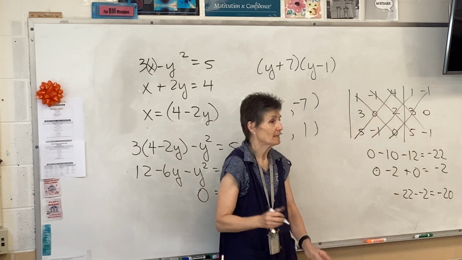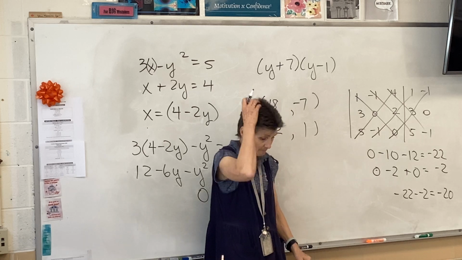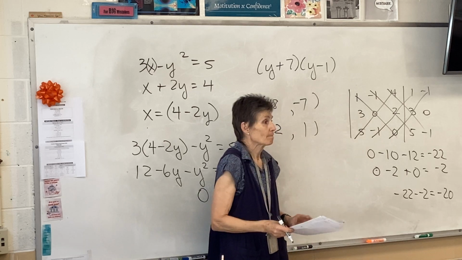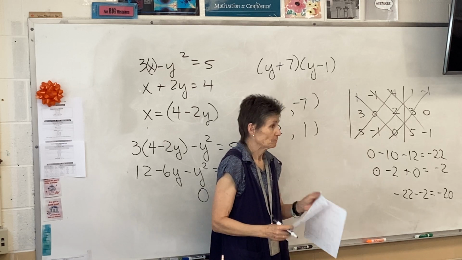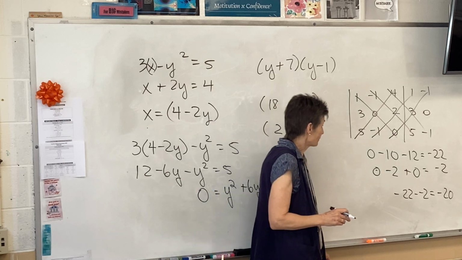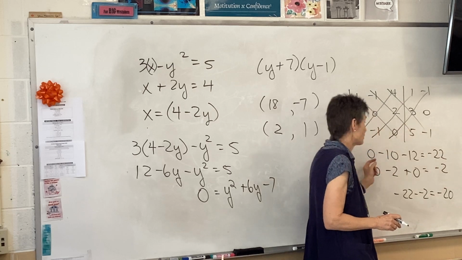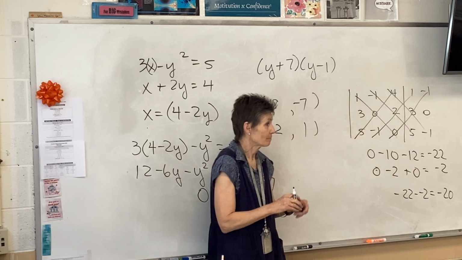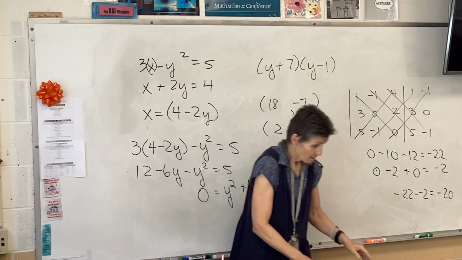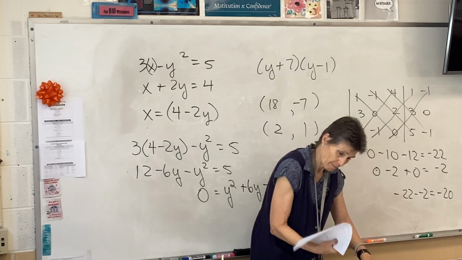No. It's these minus these. Wait, so when you're doing the determinant, you always have to be all subtraction? These are these. Okay. These are added. Okay. Yeah, you're good. You're good though.